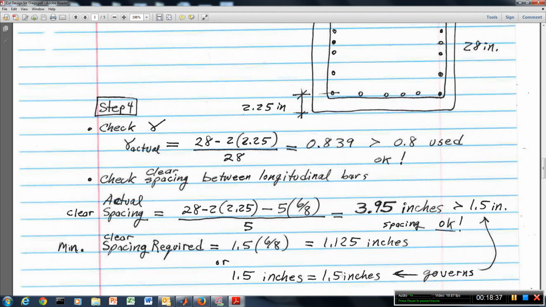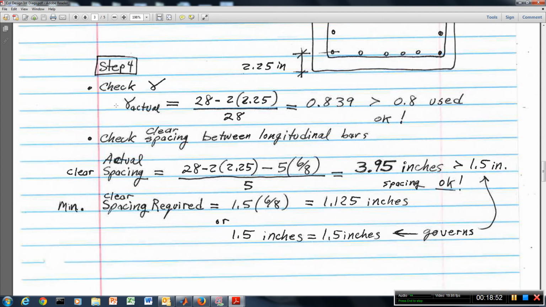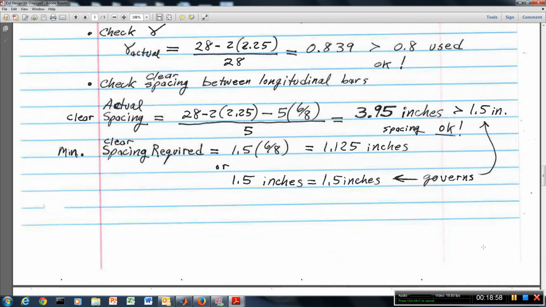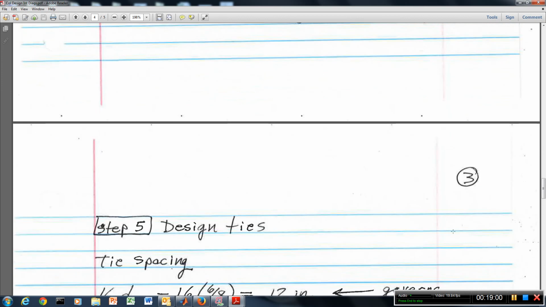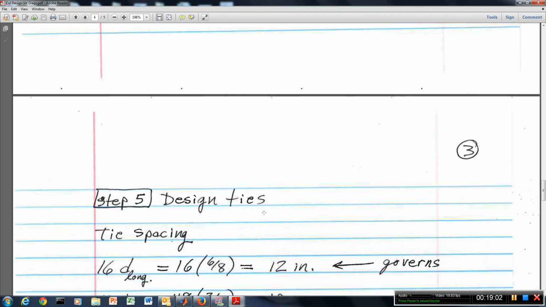Well, the governing value is 1.5 inches, and our 3.95 inch clear spacing between bars is greater than that, so we have more than sufficient clear spacing. So we have satisfied a bunch of the spacing requirements for our column cross-section, and now we can proceed to designing the ties.